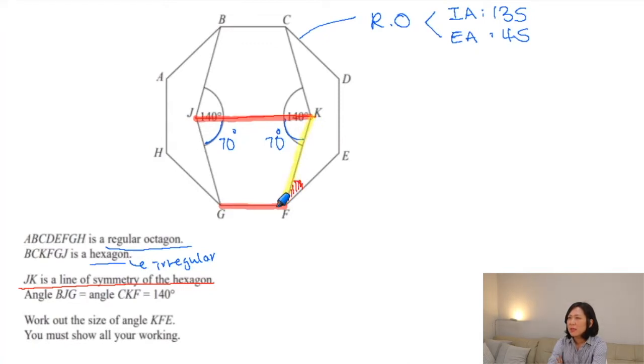Then the line KF is going through the two parallel lines. Now, can you see the exterior angle? Yes, right? The blue angle is 45 because it's the exterior angle of the big regular octagon.